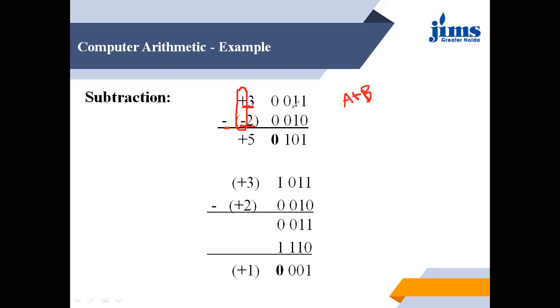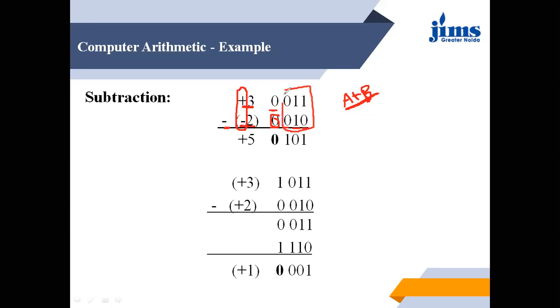3 is equal to 0 1 1, where the first 0 is the sign bit, and it represents positive. And -2 is represented as 1 0 1 0. So according to the rule, we have to add the magnitude of these two numbers.